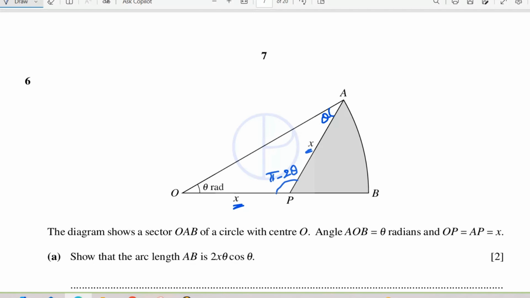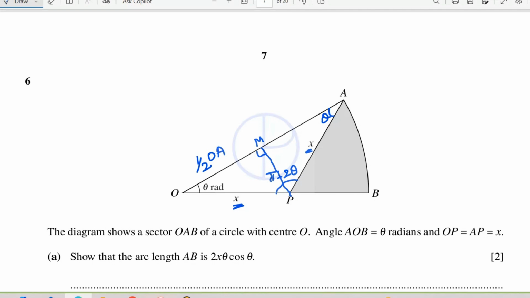To find OA, let's draw a perpendicular line from P to the line OA. When you draw a perpendicular from this corner in an isosceles triangle, it will meet at the midpoint. So OM is equal to MA, so this will be half of OA.